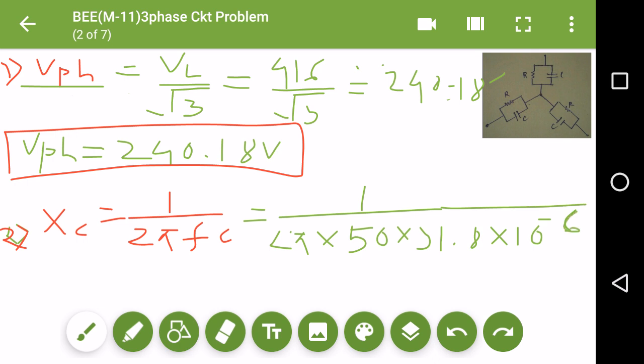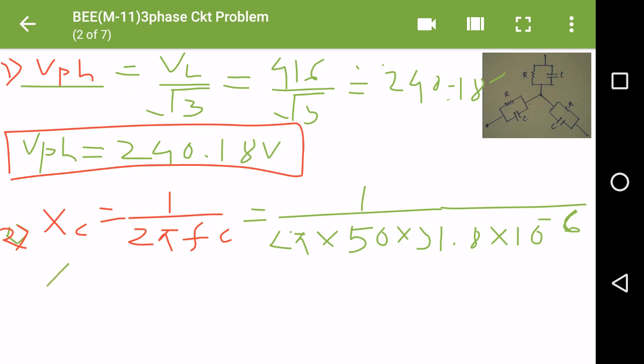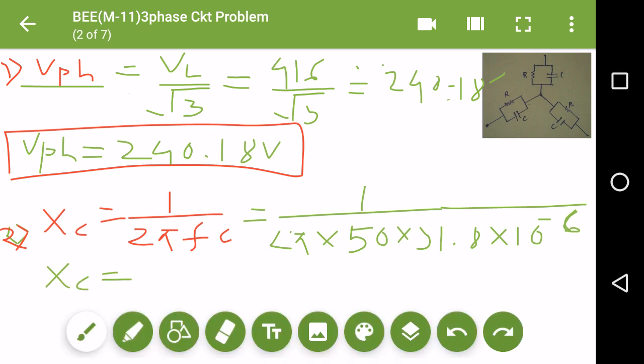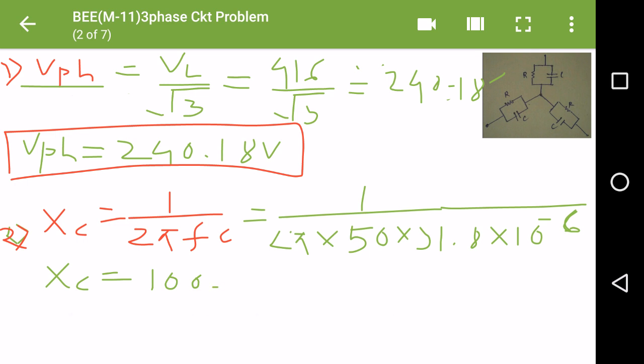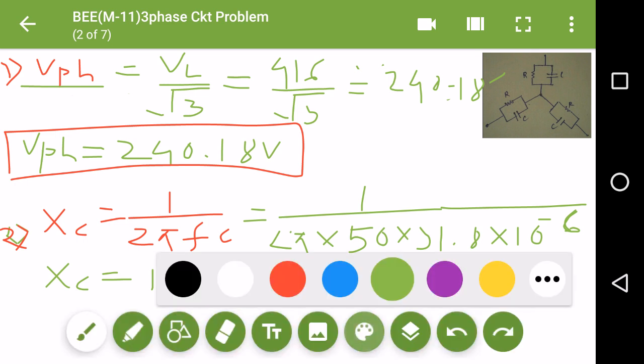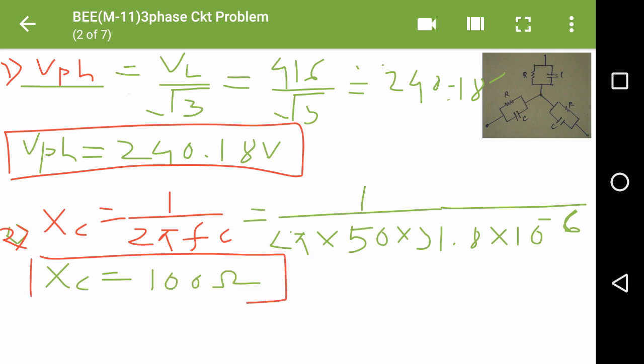By evaluating this, you will get the capacitive reactance value as 100 ohms. So this is my capacitive reactance.